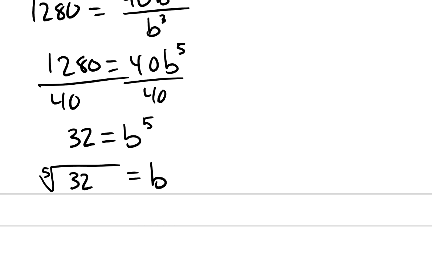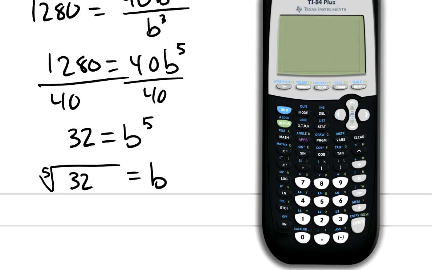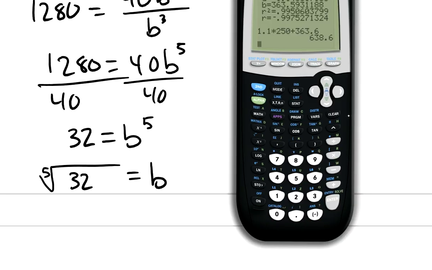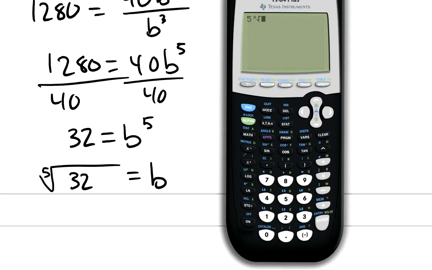Let me bring the calculator up here, turn it on, clear the screen. We hit math, and then go down to option 5, which is a particular root. This is the 5th root of, and then you put 32. So the 5th root of 32 equals the number 2.